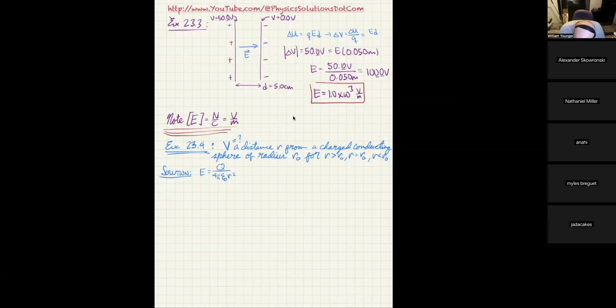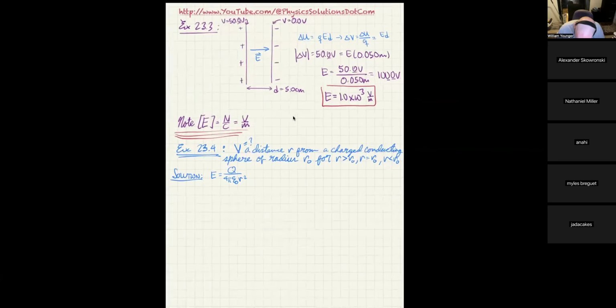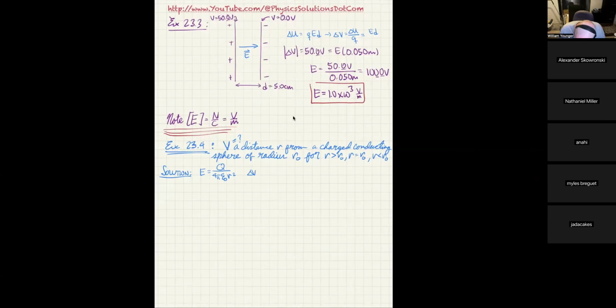We also know that delta V equals the negative integral of E dot dl, and we're going to use that to calculate the voltage change. Now, if we think about potential energy, we know that there's a point at which you can just say, hey, this point in space is going to have zero potential energy. Well, we can do the same thing with electric potential because it's so closely defined to the potential energy.